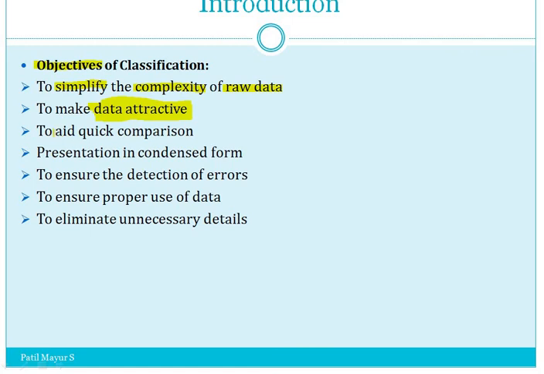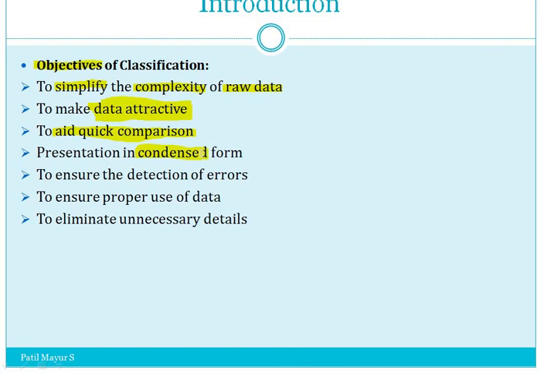Then to enable quick comparison, we can compare the different data sets if we properly classify them. Then the presentation in condensed form. The data which is collected is very enormous in quantity, very large in number.